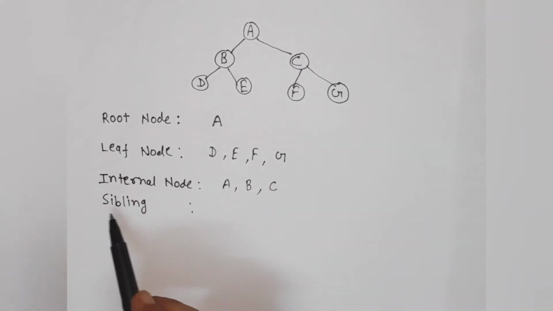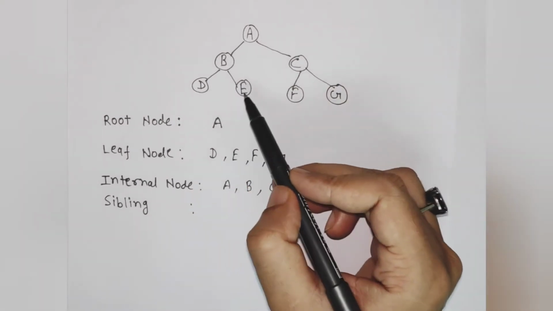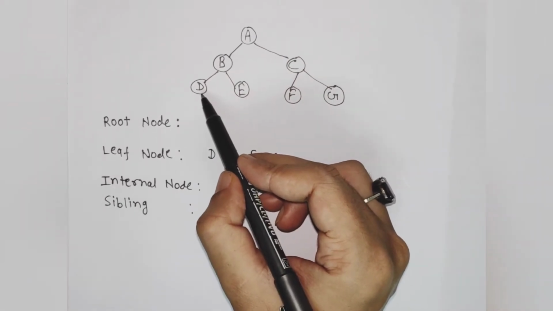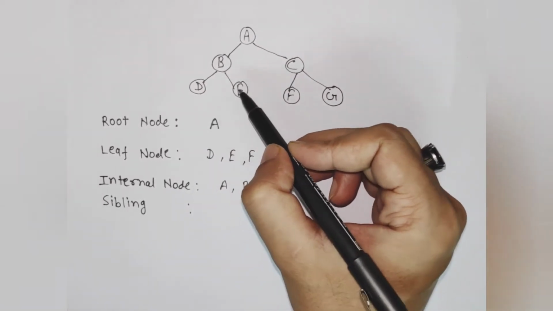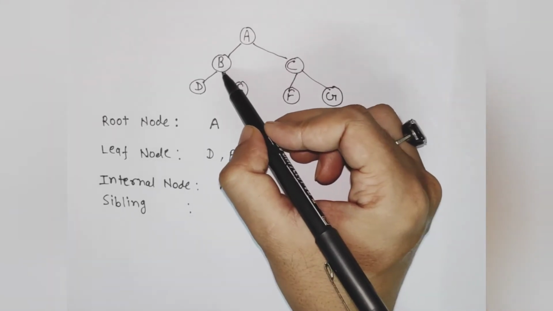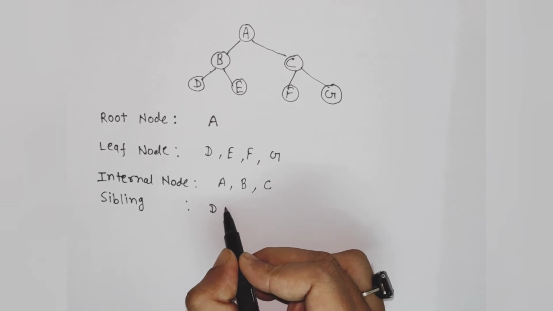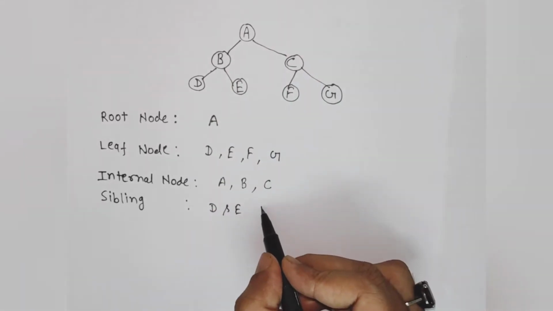Now let's see what is sibling. So sibling means the nodes which are sharing the same parent. So here you can see D and E are siblings because for both nodes B is the parent. So for D and E, B is our parent.